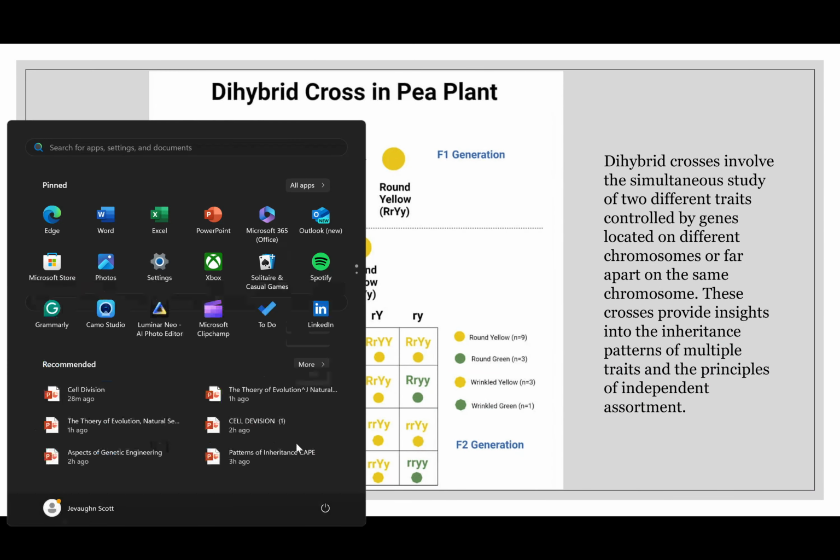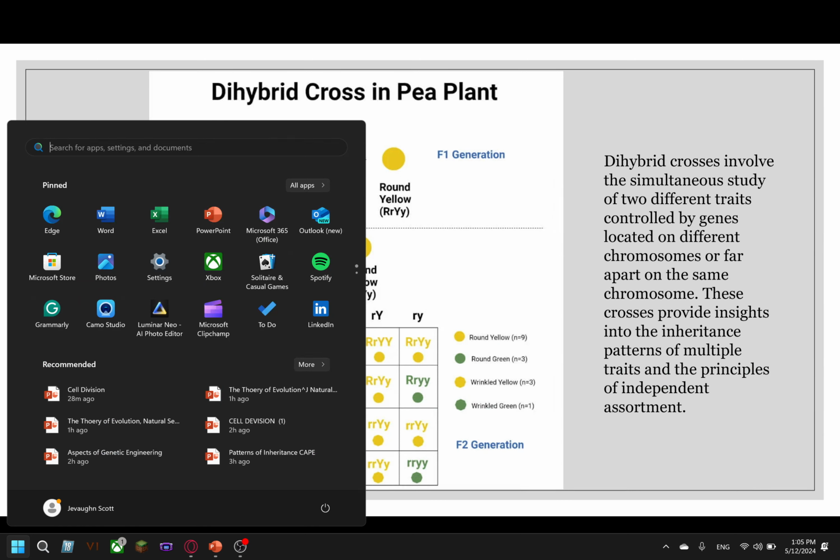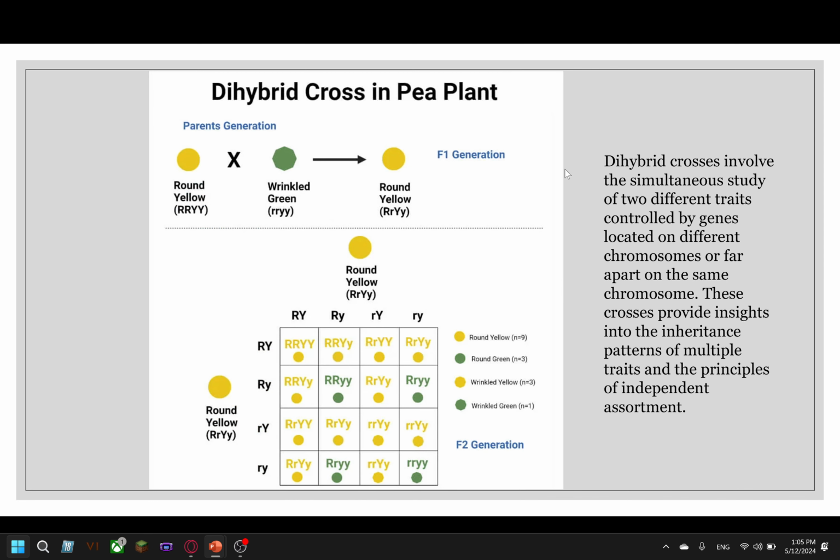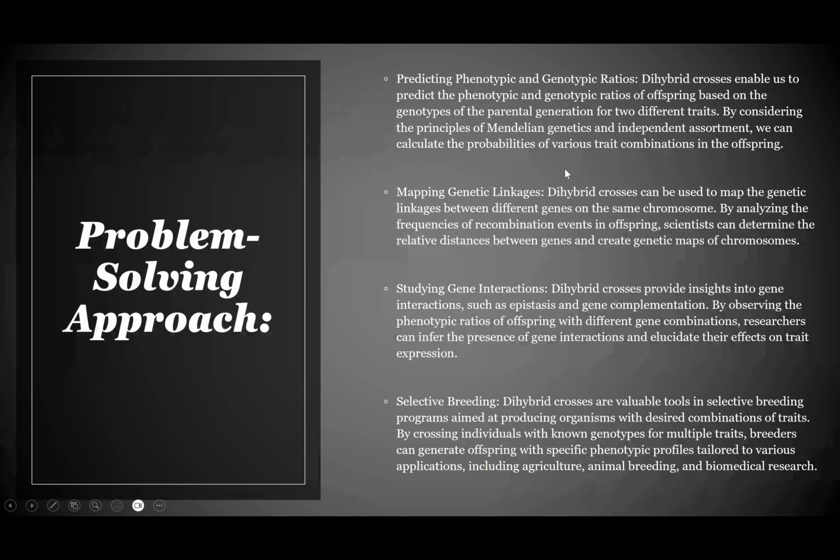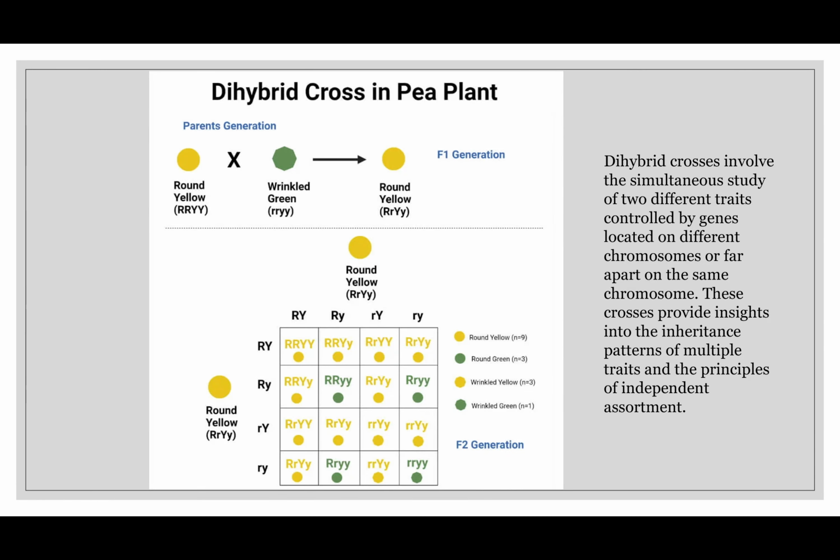For the dihybrid cross, however, we're using the general pea plant, Mendel's pea plant cross. The dihybrid cross involves the simultaneous study of two different traits controlled by genes located on different chromosomes, or far apart on the same chromosome.